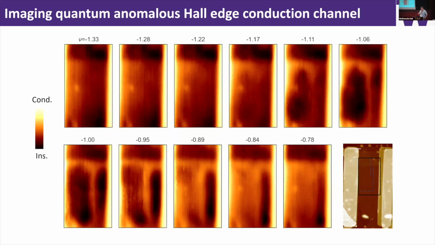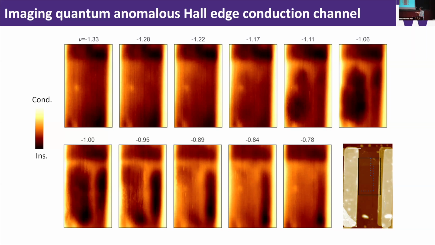Another nice thing about these local conductivity measurements is that they can do spatial mapping. What I show you here is the MIM signal as a function of space in the XY axes. In the bottom right corner, I show you the optical microscope image of the sample, and this black square highlights where the MIM scan happens.